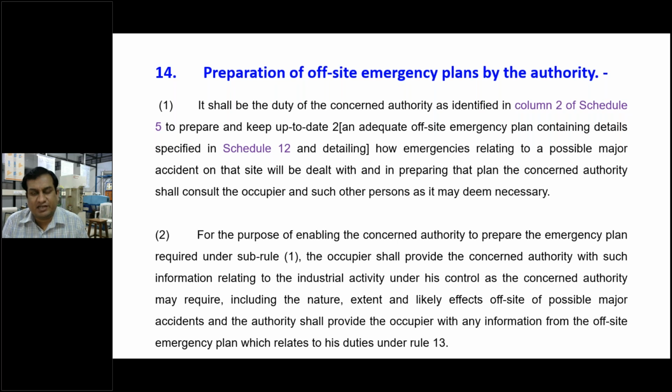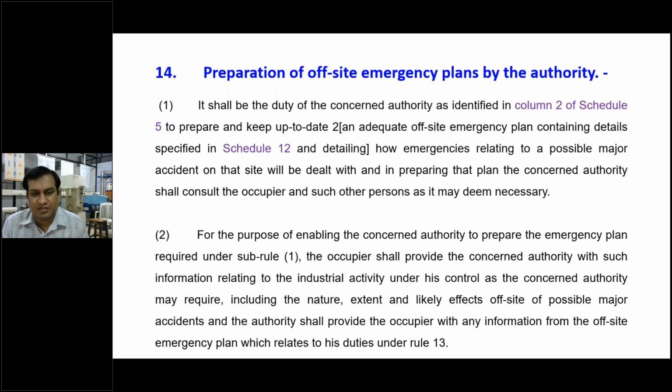In every case, whether it is the on-site emergency plan, the off-site emergency plan, a safety audit, or some other activities, when the major activities are there, the occupier is the main responsible person. The occupier can give the rights and authority to other members who can handle this type of emergency.